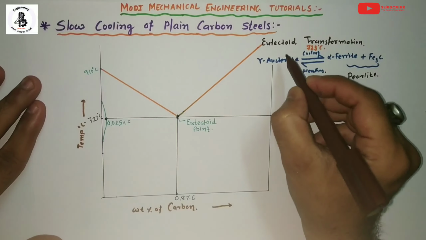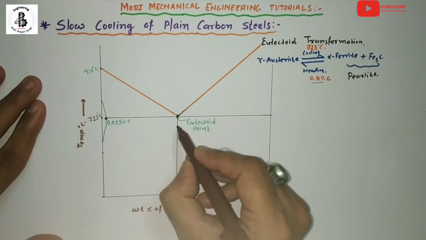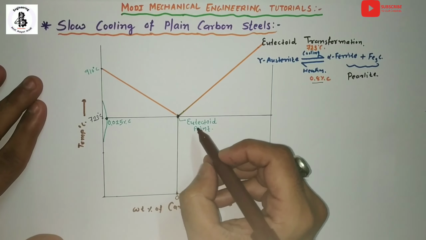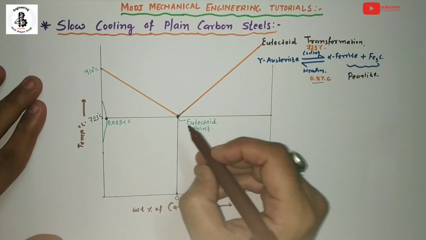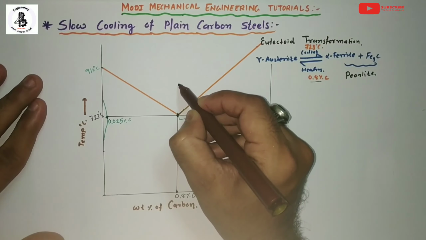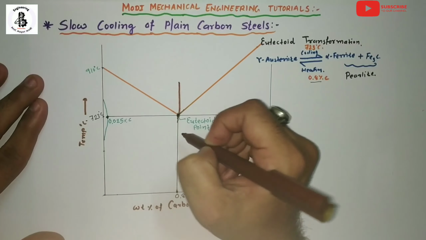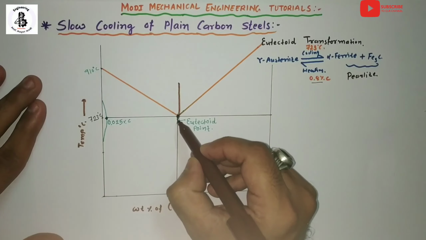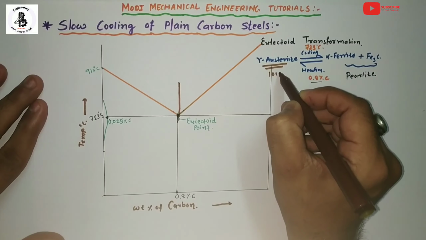As for the eutectoid transformation, our gamma austenite, this is the eutectoid point. If you want to study the eutectoid transformation, make one vertical line passing through the eutectoid point. Above this point it is 100% austenite.